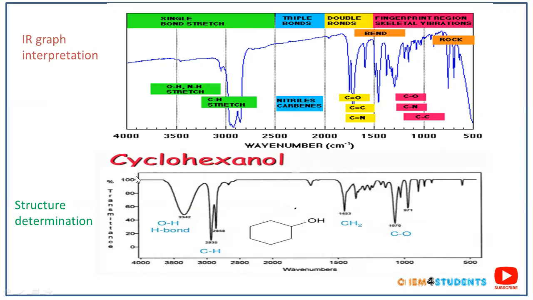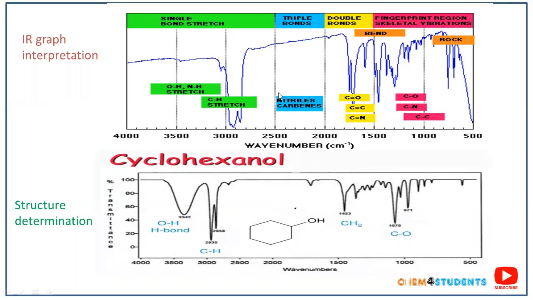So let me explain with an example. Here I'm taking cyclohexanol. This is the structure of cyclohexanol. We can get two types of stretching vibrations here: OH stretching vibration and CH stretching vibration, in the range between 4000 and 2500.